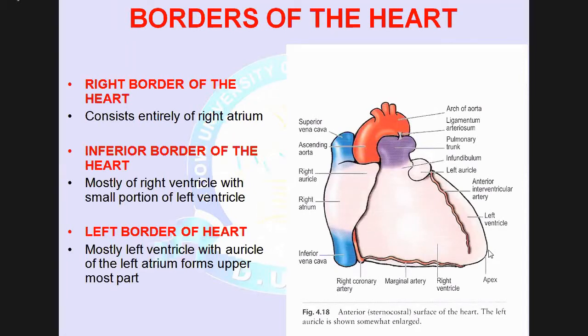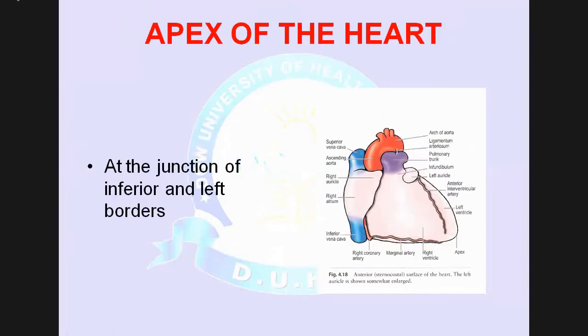The left border of the heart is mostly the left ventricle, with a little contribution from the auricle of the left atrium. The apex of the heart is at the junction of the inferior and the left borders.